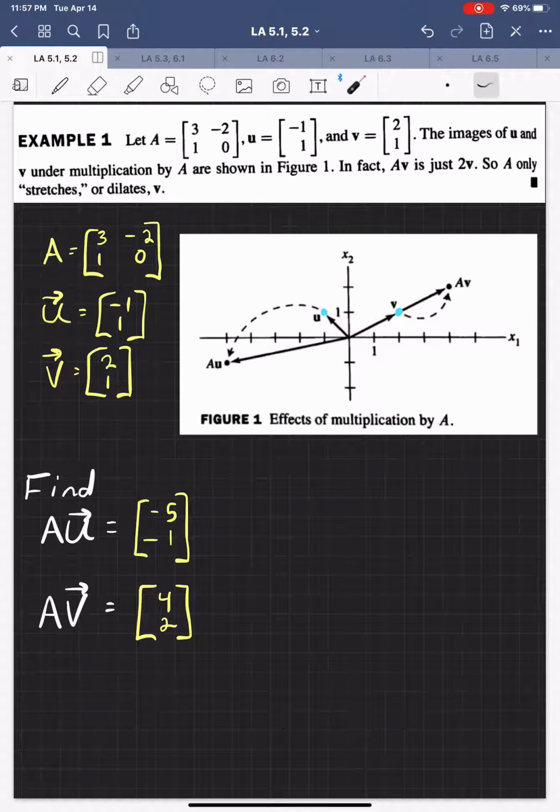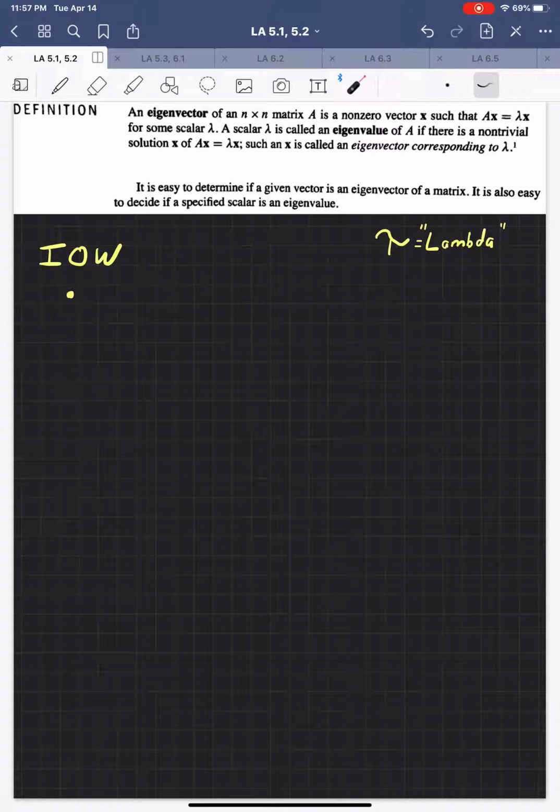Now, I've given you the geometry of what it is that we're interested in for this section. We don't want all the other bells and whistles. We just want transformations where we just get scalar multiples. So in this case, let's get to our definition of an eigenvector and an eigenvalue.